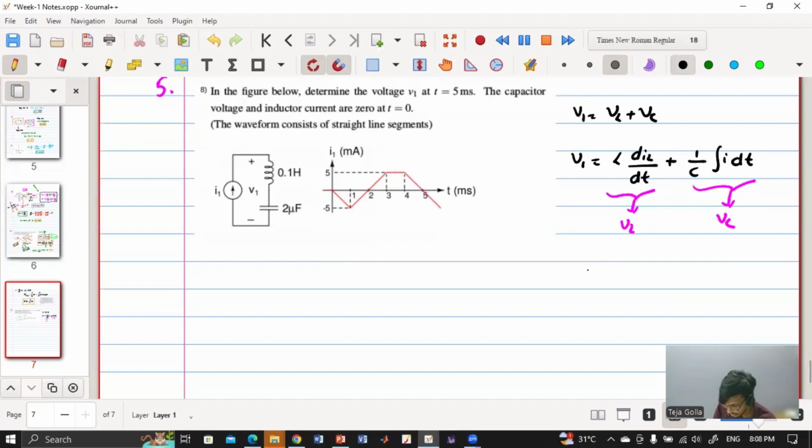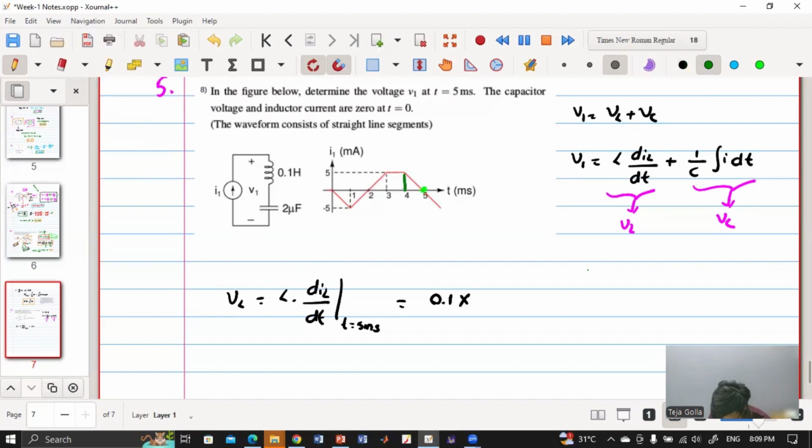First I'll calculate VL. VL is equal to L into dIL by dt, and the slope at what time? At t equals to 5 millisecond, right? L is given as 0.1 Henry. Can anyone tell me what is the value of the slope at t equal to 5, at this instant? It is minus 5.